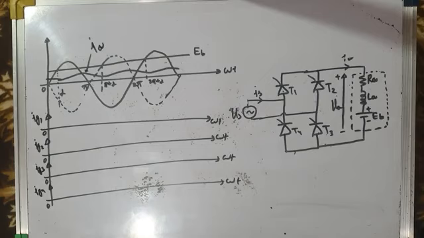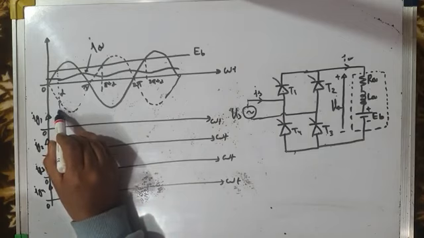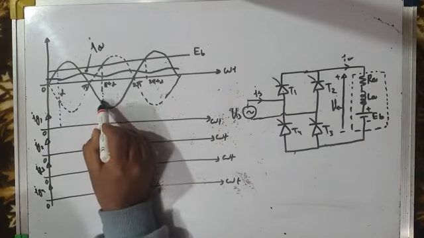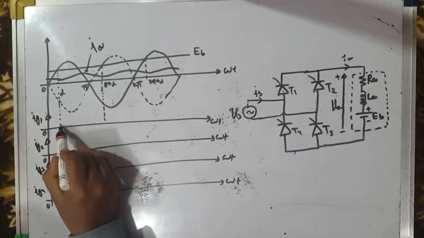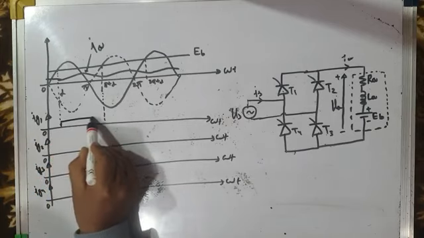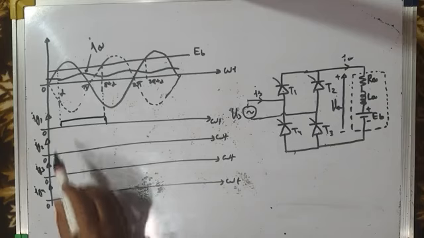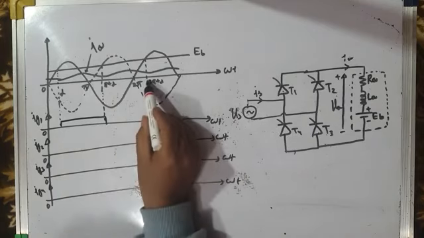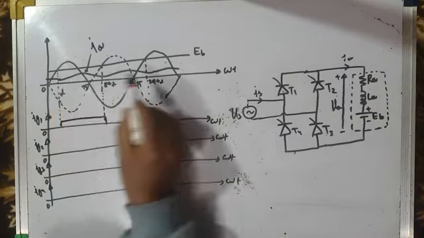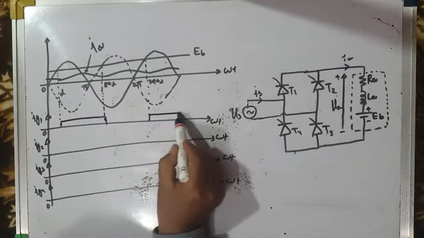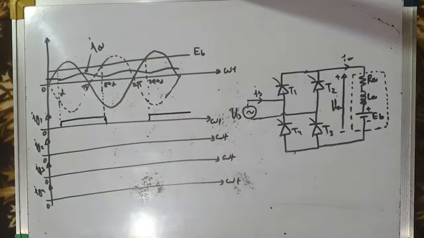Now, the firing pulse for thyristor T1, as usual, is from alpha to pi plus alpha, just like the previous case without freewheeling. So this is the firing pulse pattern for thyristor T1 from alpha to pi plus alpha in this positive half cycle. In next positive half cycle, also 2 pi plus alpha to 3 pi plus alpha, and so on. So this is the firing pulse pattern for thyristor T1.